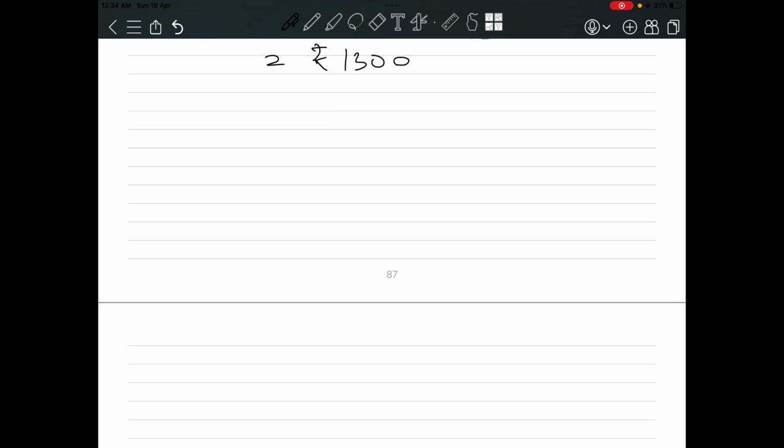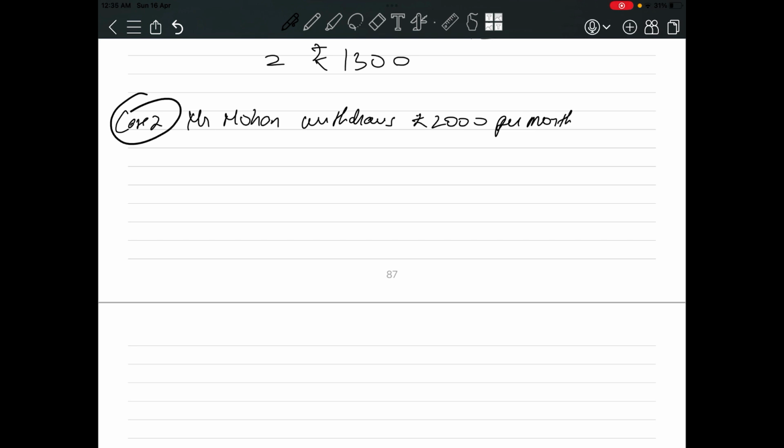Now let's move on to case number 2. Mr. Mohan withdraws rupees 2,000 per month at the end of every month for the year ended December 31st.